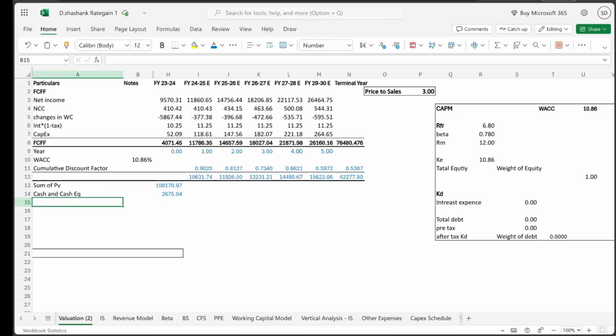That's the only reason, and I think that's a pretty good reason. And this company is debt free, so debt is 0. And there are no non-operating liabilities that I think we should consider.